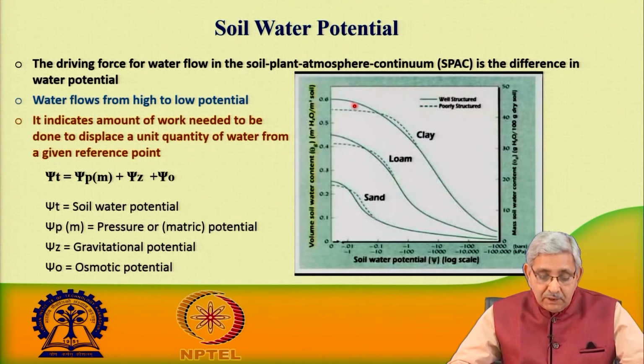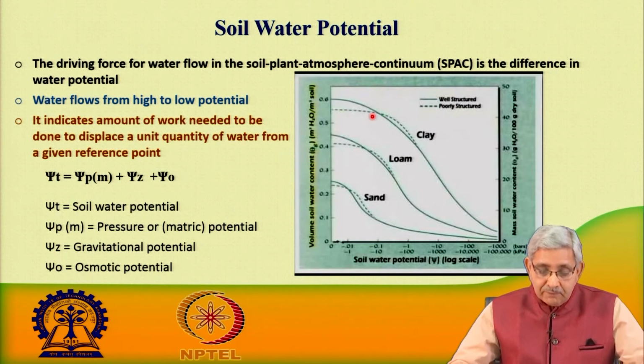What we see is that for a given moisture content, the soil water potential in case of clay soil is higher as compared to sandy soil. It is a simple case.